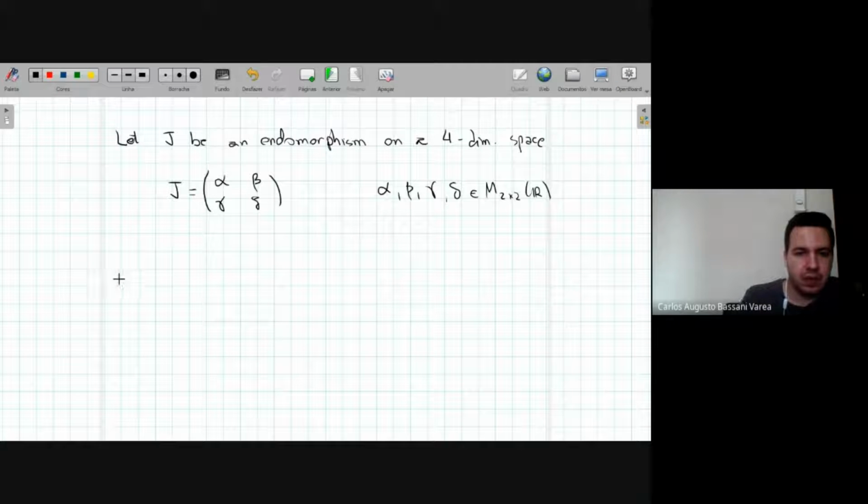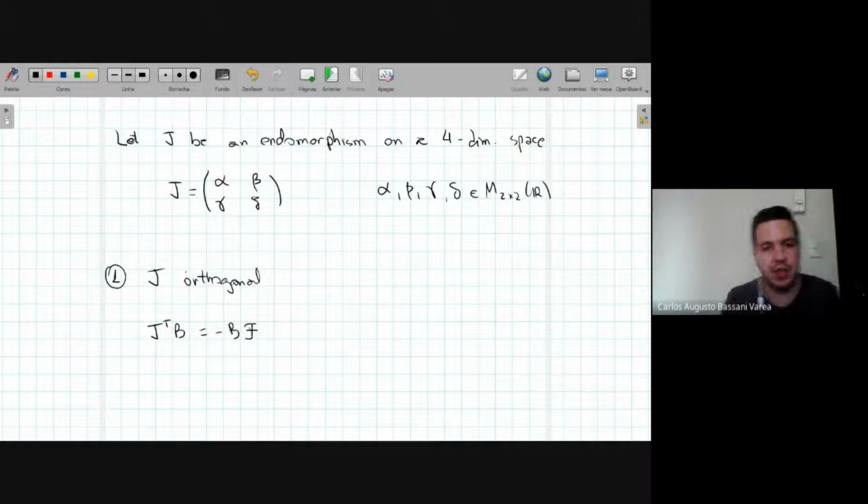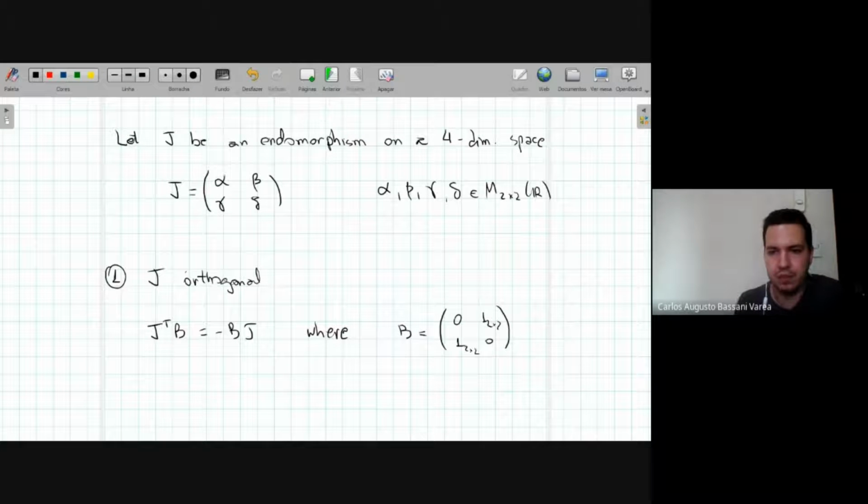So first, we will ask J to be orthogonal. J orthogonal means that we need to satisfy the condition that J transpose times B is equal to minus B times J, where B is that block matrix, where here are the identity of order 2.